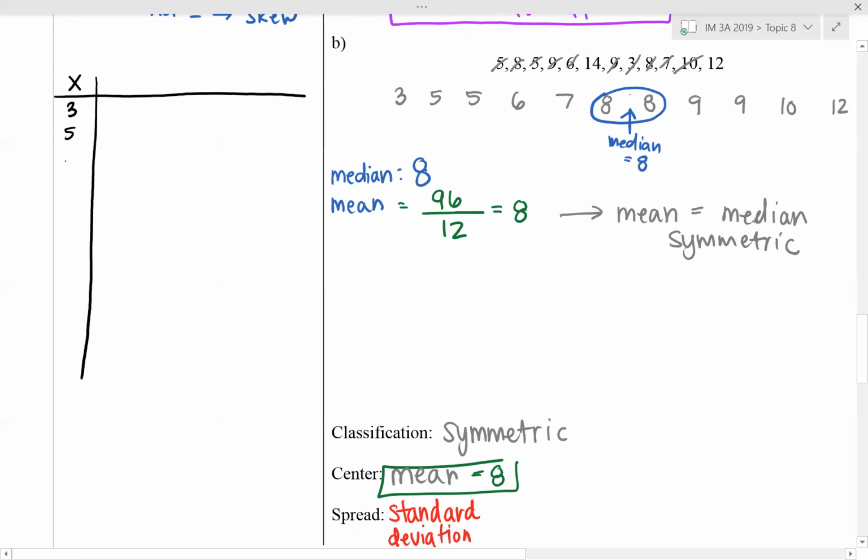So we're listing all those numbers in order still. 3, 5, 5, 6, 7, 8, 8, 9, 9, 10, 12, 14. So we're just listing all the data. And then the next column is the mean. Our mean was 8. I'm just going to draw a line to say that all of these numbers are 8.